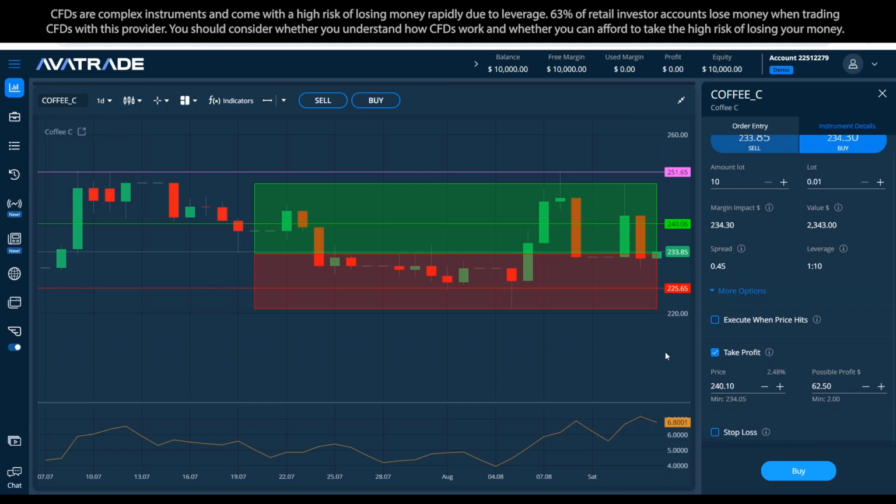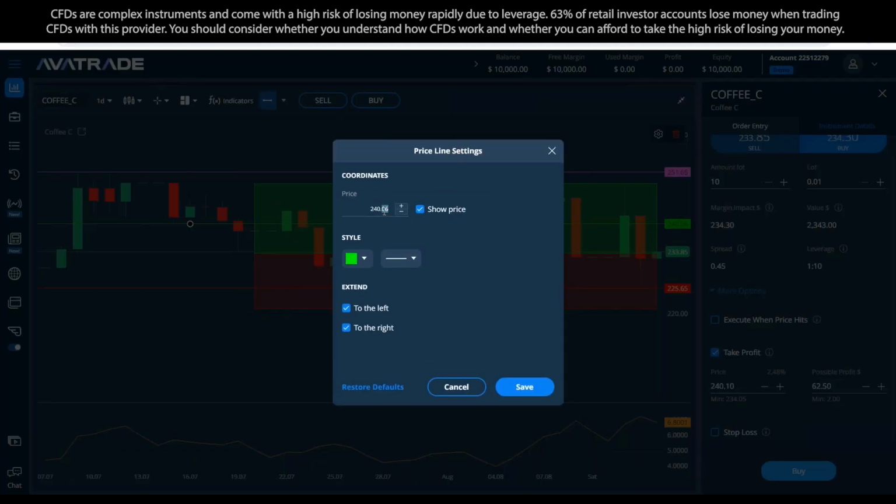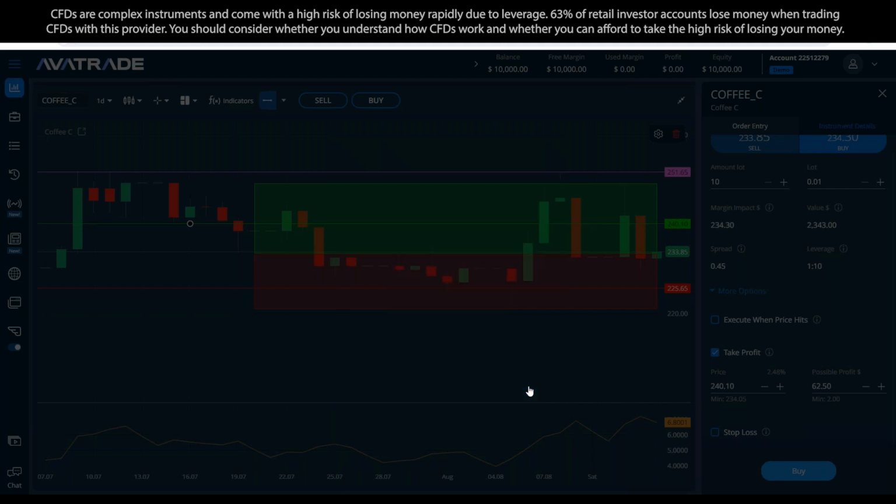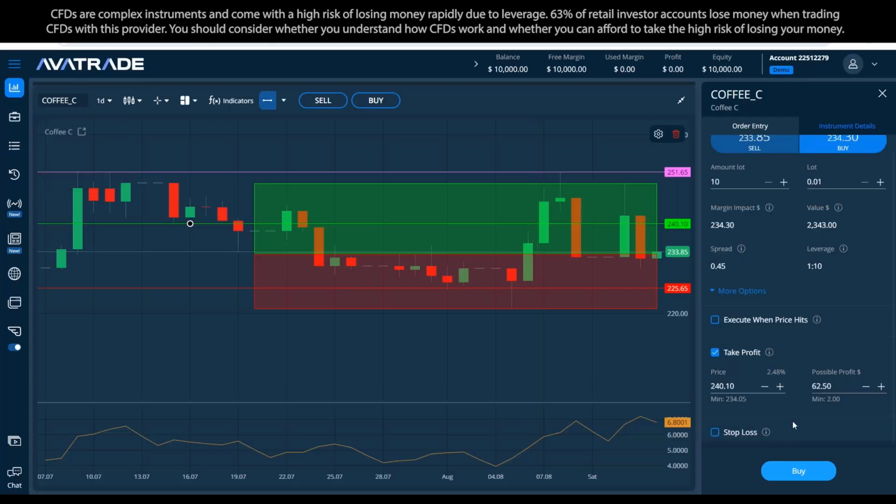And now I understand that if it gets from here to here, let me be a little more precise on that one. Okay, I'm gonna make 62 quid and a half.